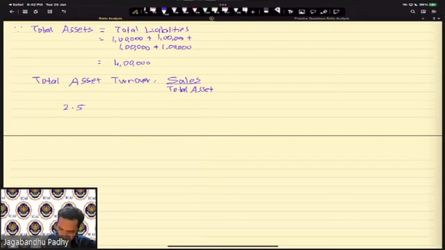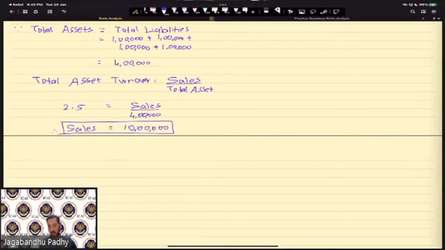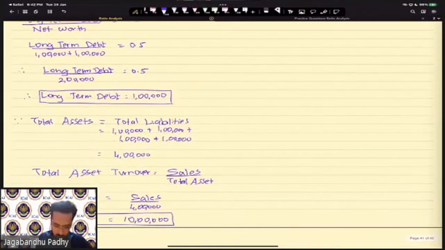That's 2.5 is equal to sales divided by total assets of 4 lakh. That will help us get sales equal to 4 lakh into 2.5, which is 10 lakh. So the sales figure is 10 lakh. Okay, this is done.